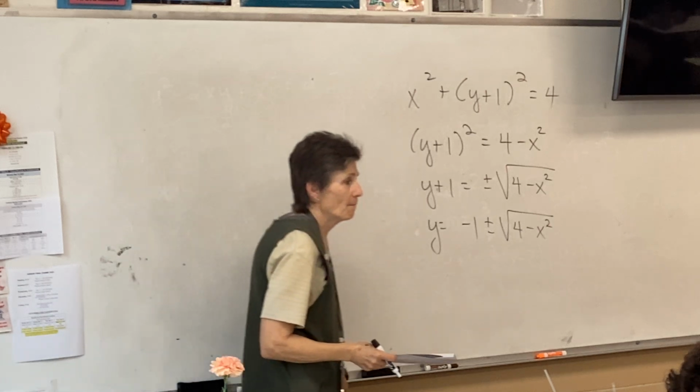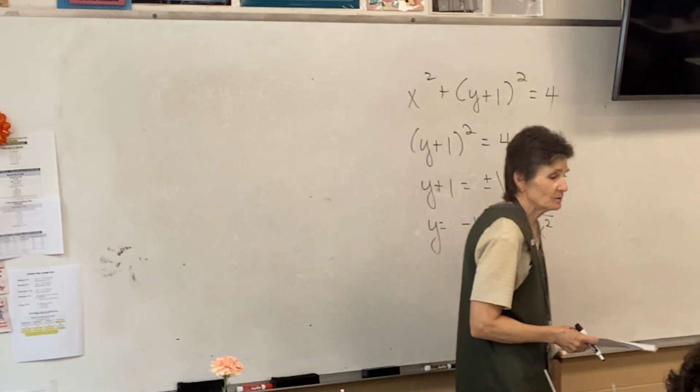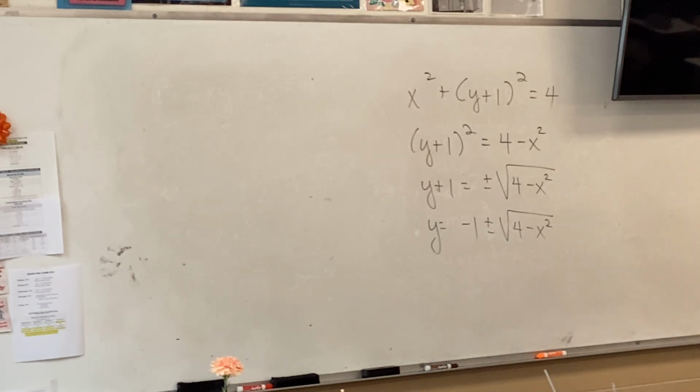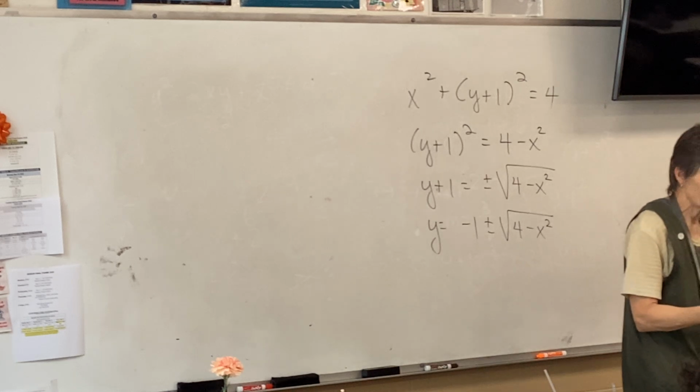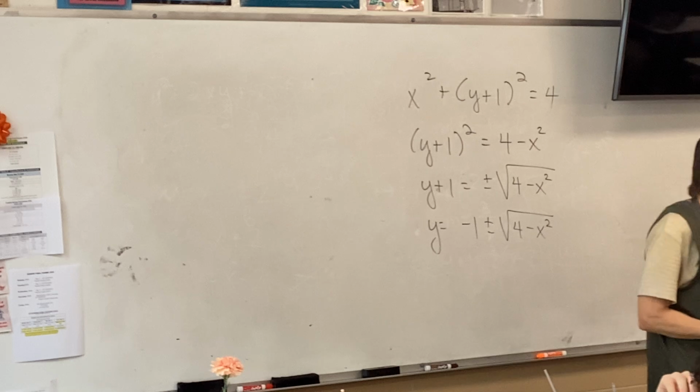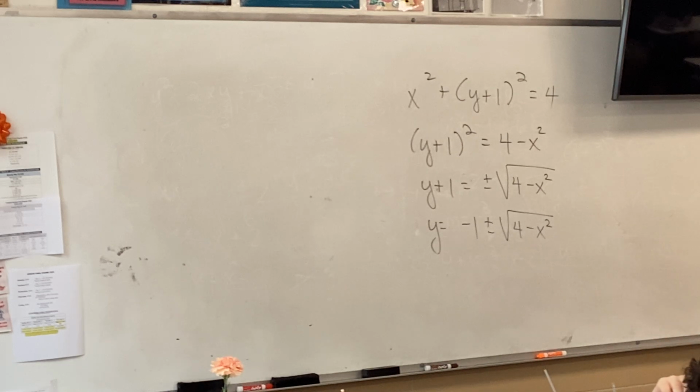Parabola. Definition. The conic sections are part of the state standards in pre-calculus. We're not going to get to hardly any of them, but parabola, here's your definition. You need to write this down where it says parabola equals.